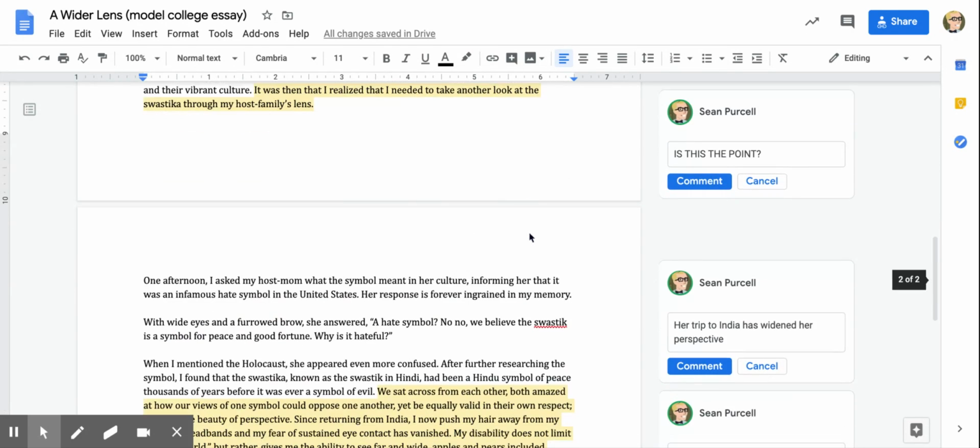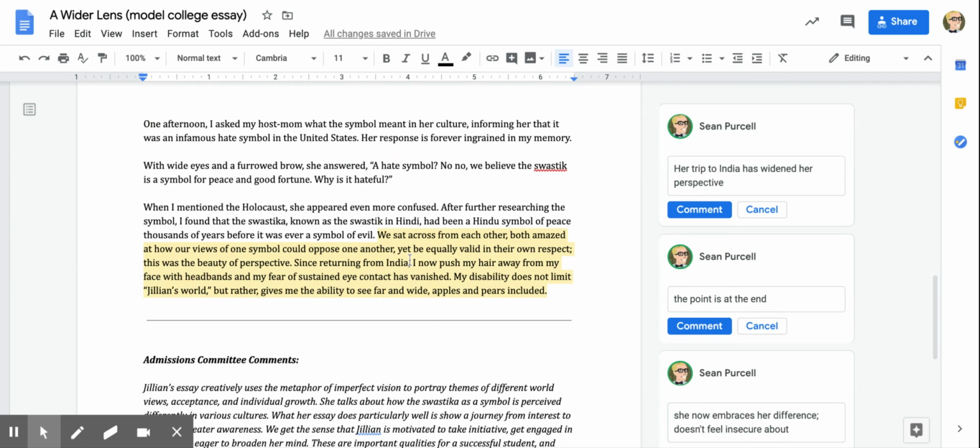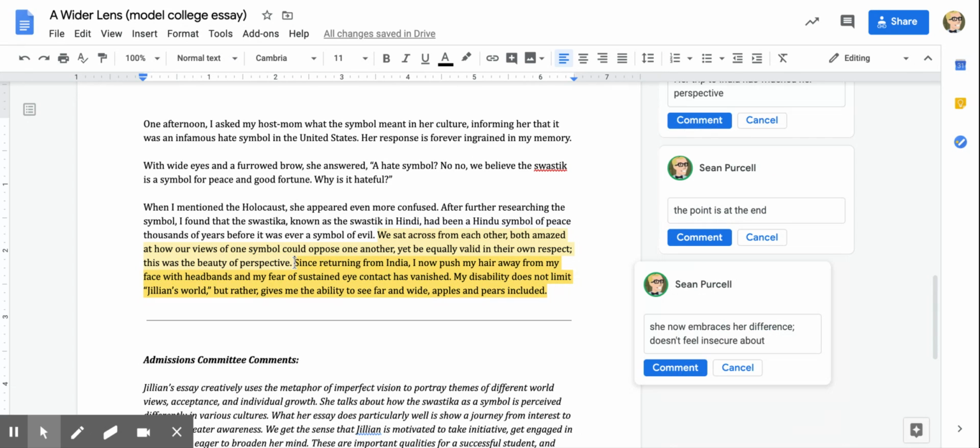If we look at the point of the essay, that actually is a clue to understanding the conflict. Right here, she says, "Since returning from India, I now push my hair away from my face with headbands, and my fear of sustained eye contact has vanished." So that fear of sustained eye contact, the way that she had covered her face with headbands, this suggests the conflict in the essay. Okay.